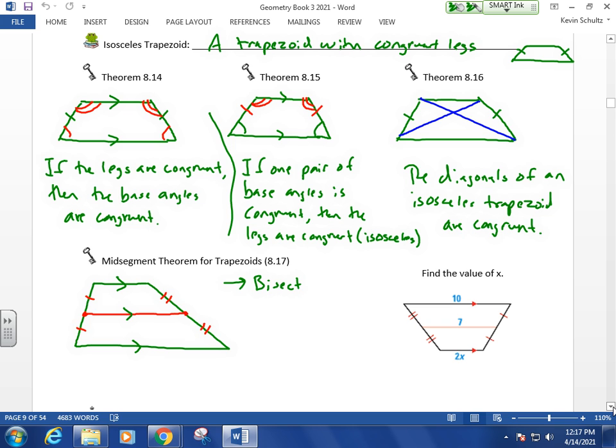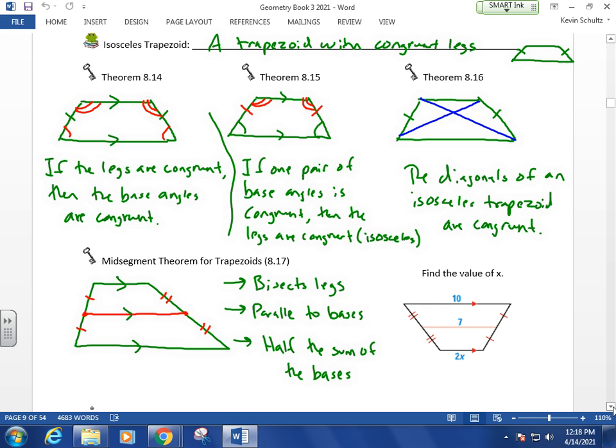So it bisects the legs, is parallel to the bases, and the midsegment is half the sum of the bases.